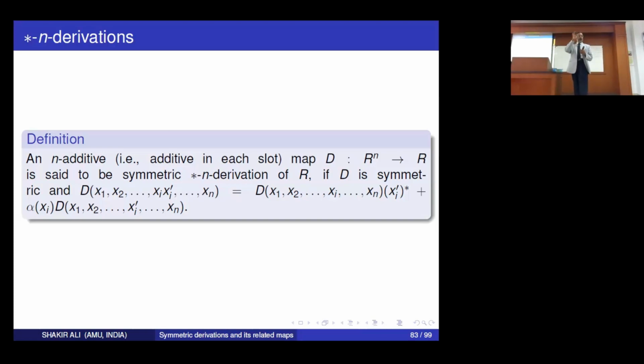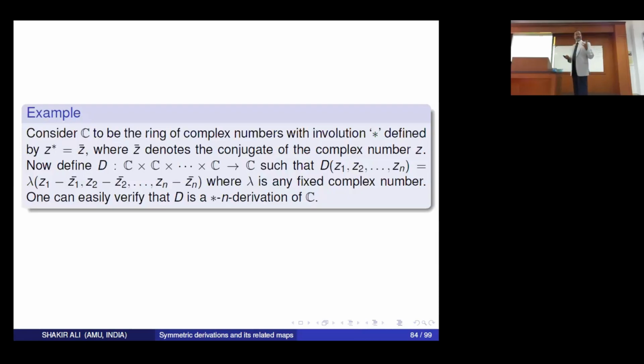Okay, so here, in place of the map we fix, in place of sigma we take an involution. If you look over here, we have this x prime. This is involution, so we call it semantic n-star derivation. If you are concerned with examples, this example is here.